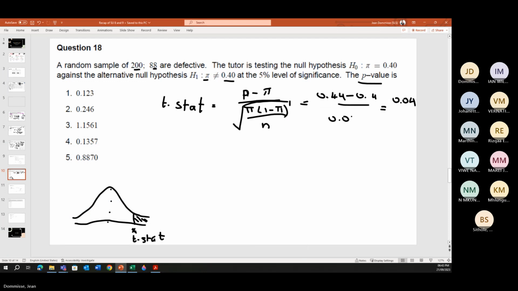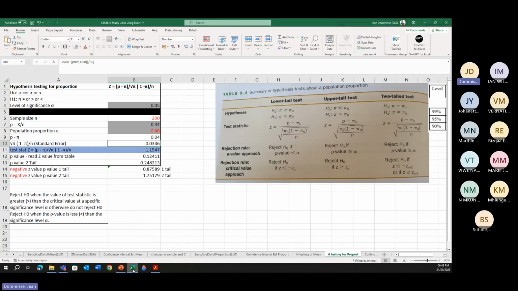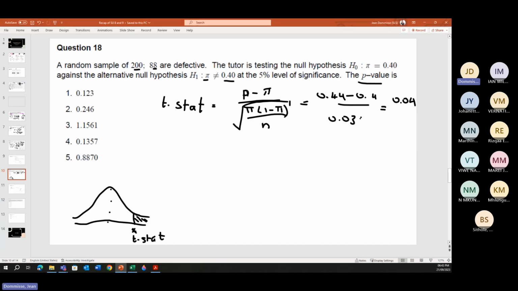Let me just check again. 0.0346, 0.0346. Okay, so when we divide that into that, we will get around 1.1561. Okay, that's the t-stat.